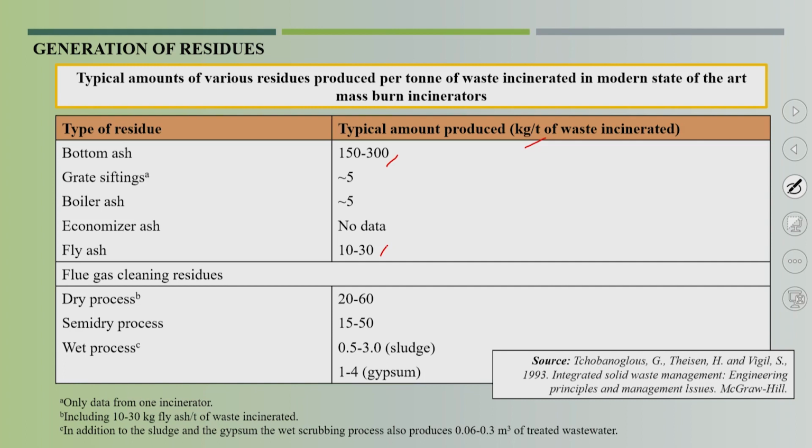These are the major productions of solid residue. In the flue gas cleaning system, we saw the two major processes, the dry process and the wet process. There also a large amount of solid residue gets produced, especially in the dry process.